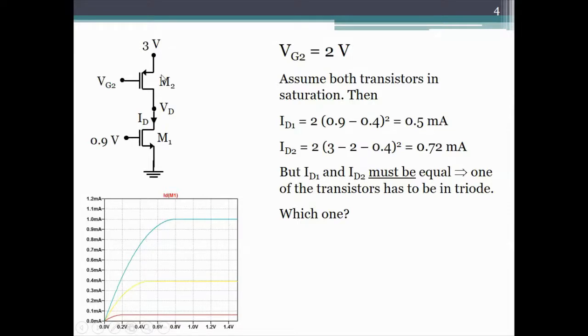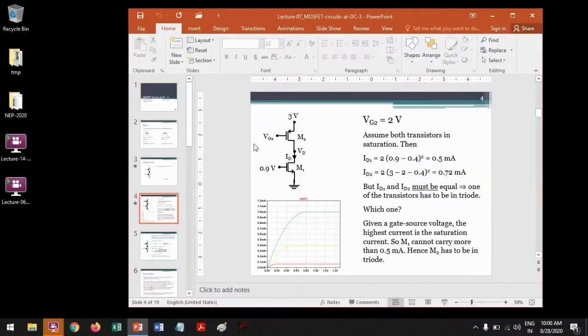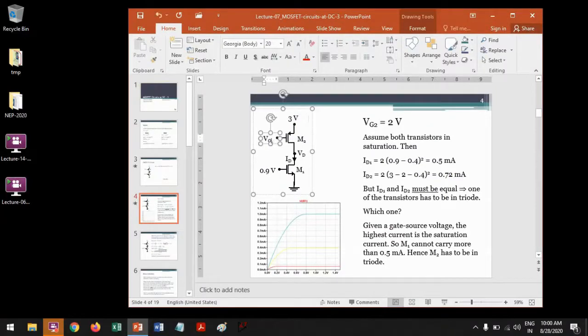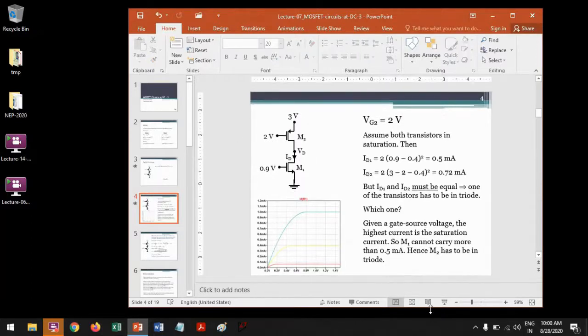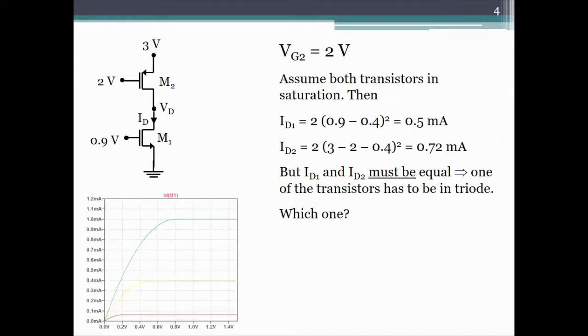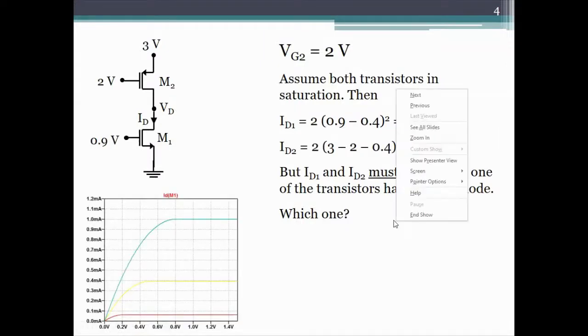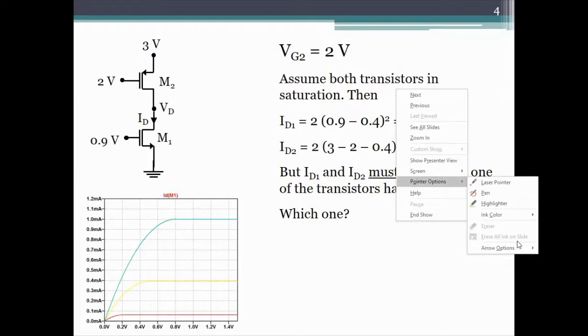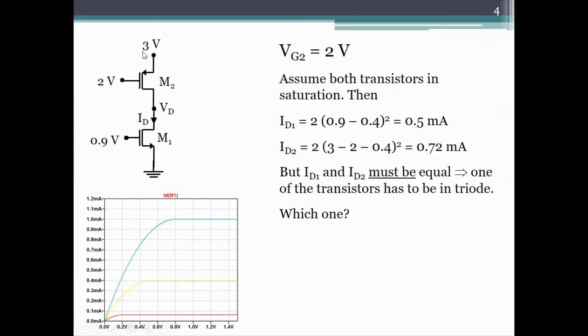Now here we have two transistors whose gate source voltages are fixed. So the gate source voltage of the NMOS is 0.9 volts. The gate source voltage of the PMOS is 1 volt. Mu Cox W/L are equal. So both transistors have fixed gate source voltages.